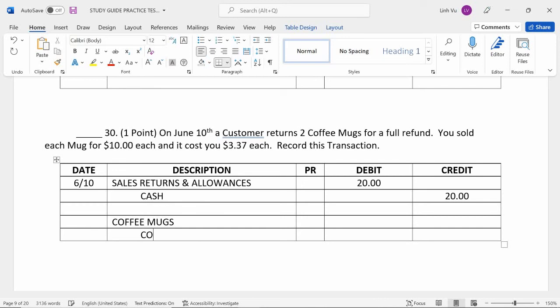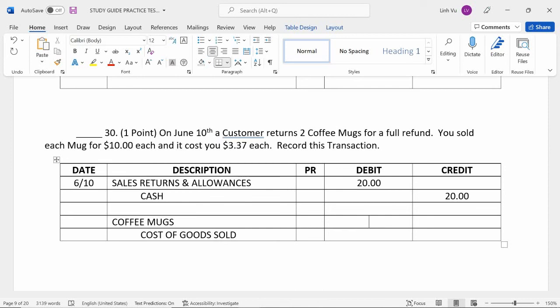Cost of goods sold. Yes, excellent. In this case, because I sold it and I calculated the cost of goods sold, if a customer decides to return something, I have to undo the cost of goods sold because I didn't sell it anymore. I have to put it back. So therefore, I need to put the cost of goods sold back.